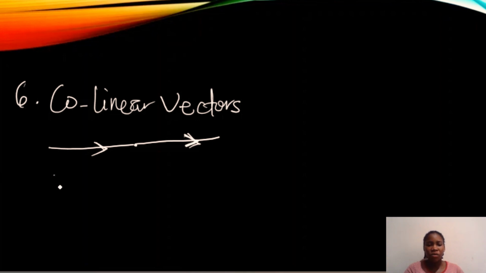With this we can see that a coterminous and co-initial vector can be a collinear vector. Let's see these two vectors. One is coming like this, that's the end point, and another one.